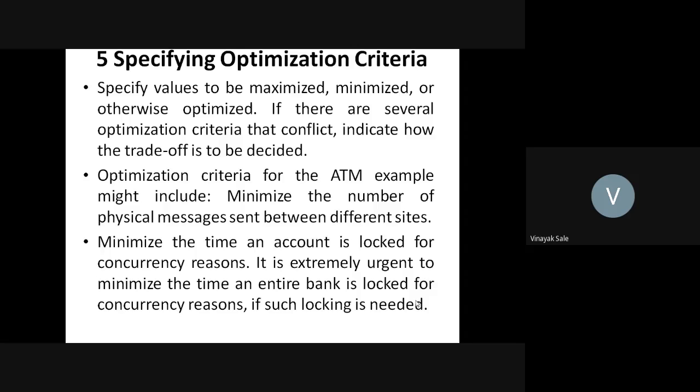Optimization criteria for the ATM example must include: minimize the number of physical messages sent between different sites, and minimize the time an account is locked for concurrency reasons. It is extremely urgent to minimize the time an entire bank is locked for concurrency reasons, if such locking is needed.